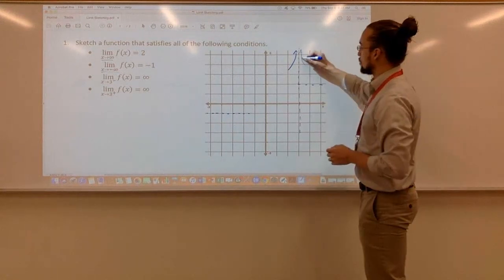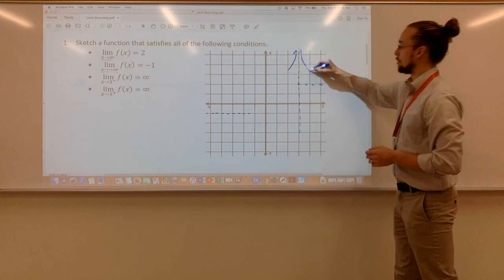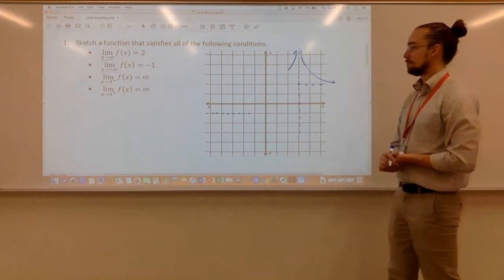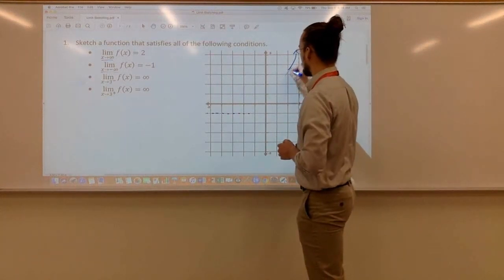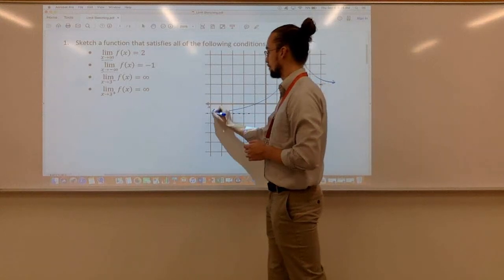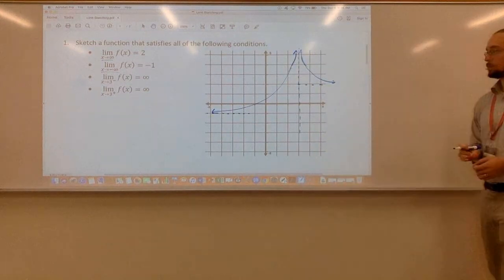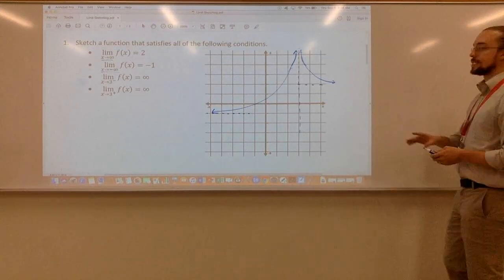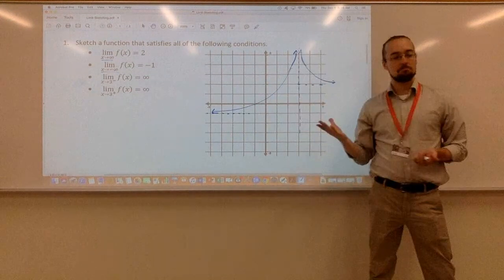But then as I go to the right, as I go to positive infinity, I'm going to be approaching this asymptote of 2. And then as I go to the left, I'm going to be approaching this asymptote of negative 1. So my function that satisfies all 4 of these conditions would just look something like this.